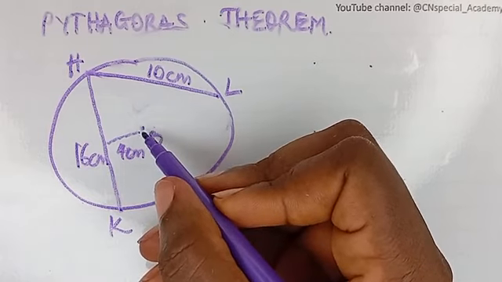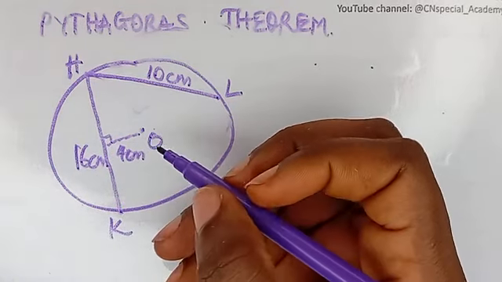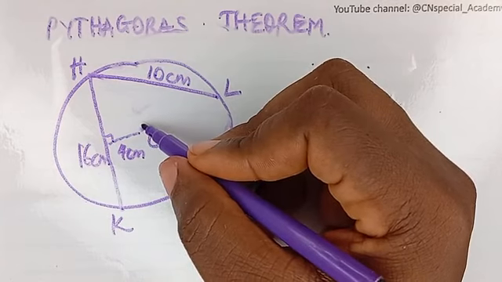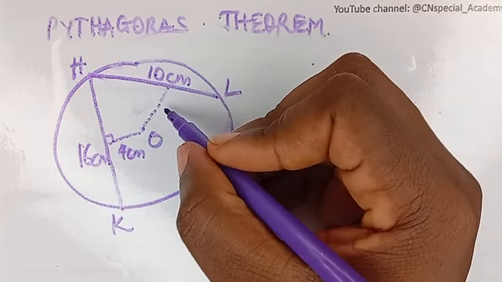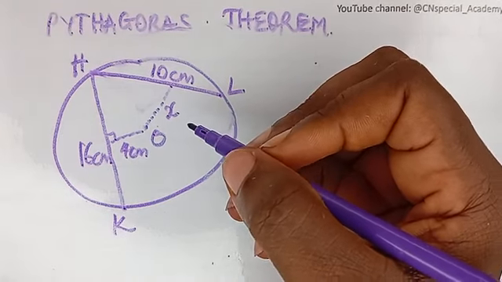So now, if the perpendicular from O to HK is 4 cm, we've been asked what the perpendicular from O to HL is. So this is what we are looking for.